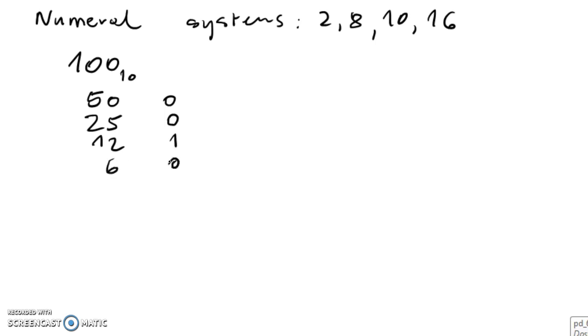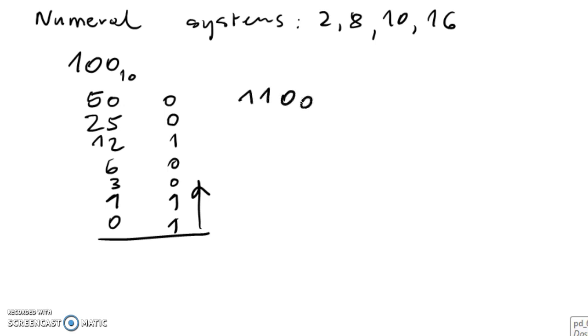Divide, remainder 0, divide, remainder 0, divide, the result is 1, remainder 1. And you write this down in reverse order: 1, 1, 0, 0, 1, 0, 0, and it is a solution.